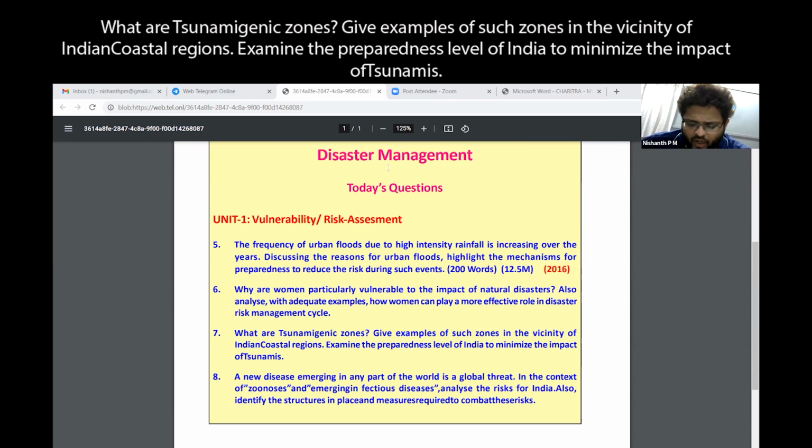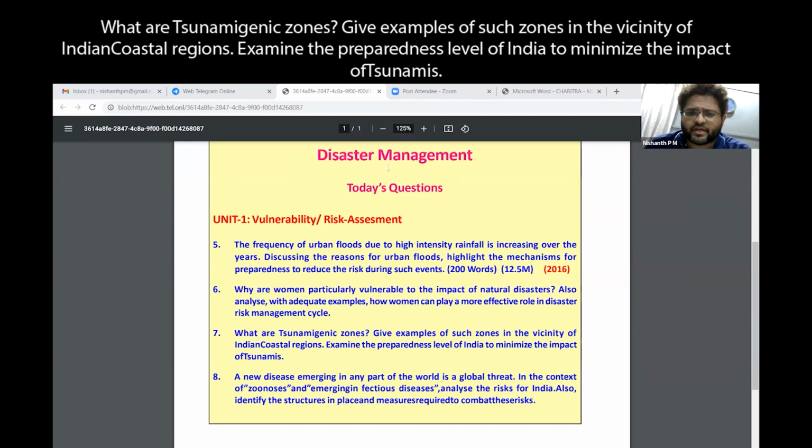The second is called the Makran zone, which is near to the Arabian Sea. So on the eastern side, in the Bay of Bengal, it is the Andaman Nicobar and the Sumatra region of Indonesia. Here it is the Makran zone in the Arabian Sea.